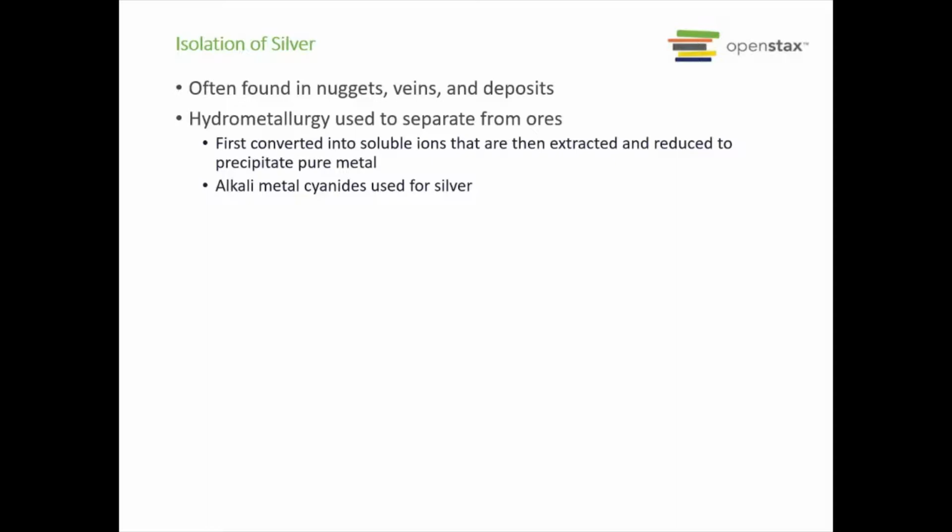This is where we separate a metal from a mixture by converting it into soluble ions first, and then we extract them and reduce them to a precipitate of our pure metal. And alkali metal cyanides tend to be used for silver. So we want to form the soluble dicyanoargentate.